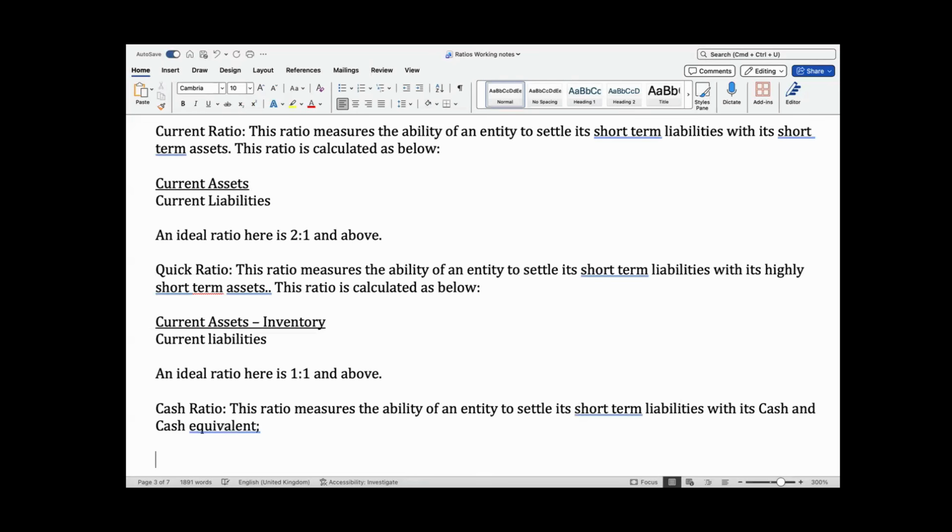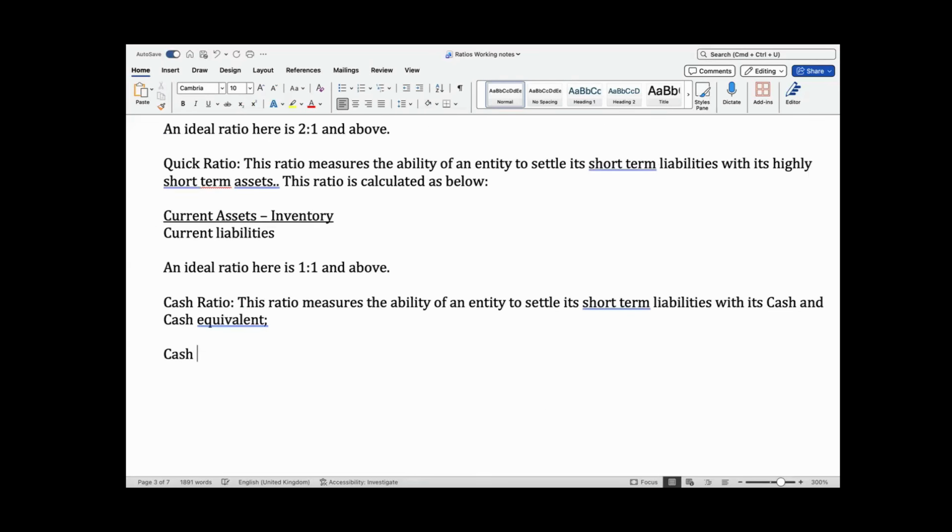You have cash to settle. It is cash and cash equivalents divided by your current liabilities. That's what this looks at.